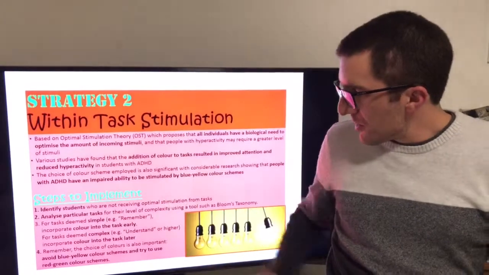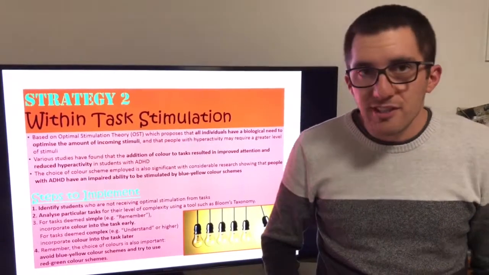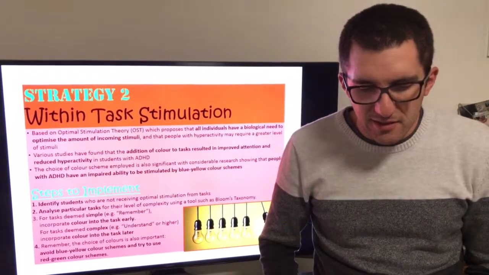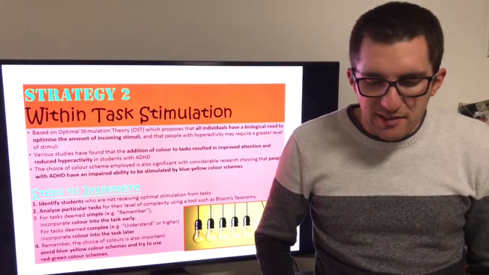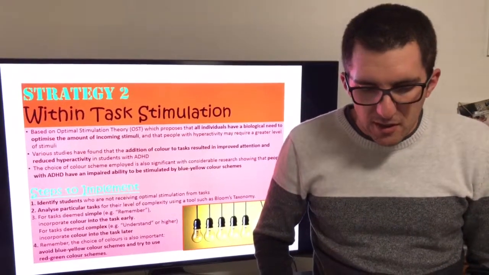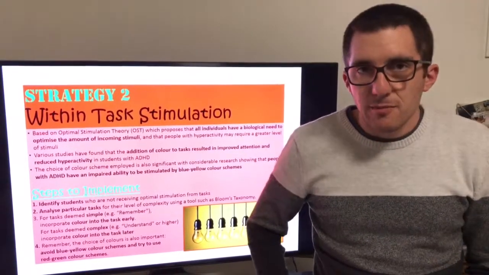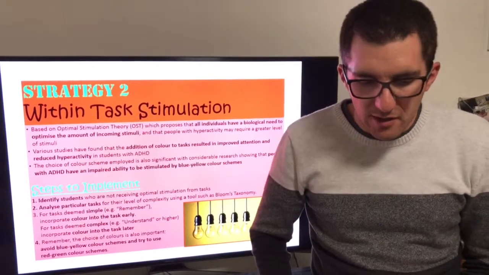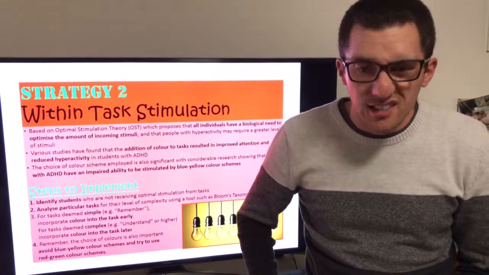So again, our steps to implement this strategy: you need to identify those students who are not receiving optimal stimulation from tasks. You need to analyse the tasks for their level of complexity, and you can use a tool such as Bloom's. And then for tasks that are deemed simple, and that might be something which is a level of thinking just at remembering, you would incorporate colour early into the task.